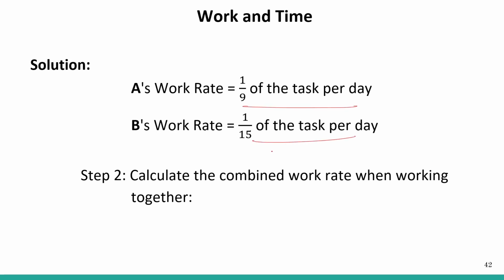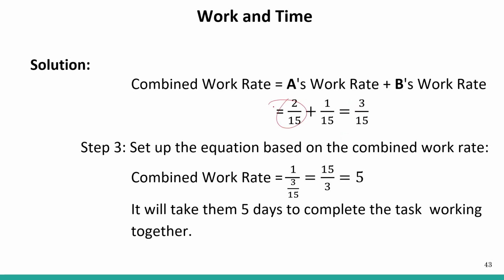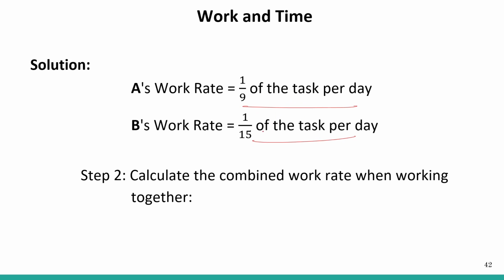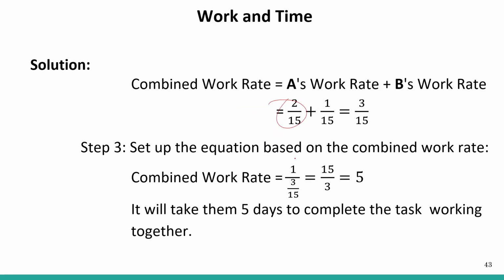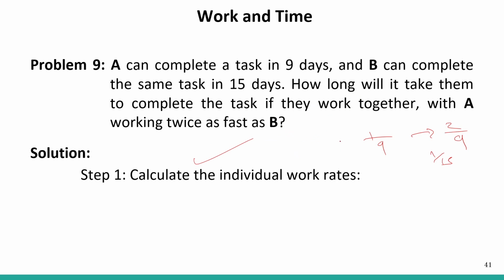So if they work together, their combined work rate is 2 by 9 plus 1 by 15, right? The LCM is 45. So this becomes 10 plus 3, so 13 by 45.